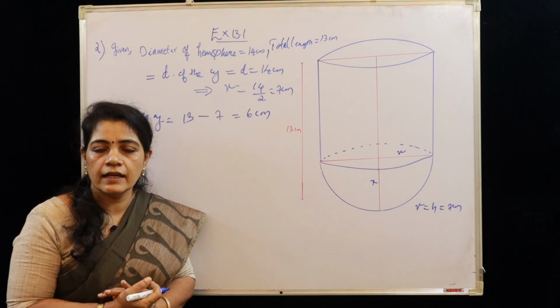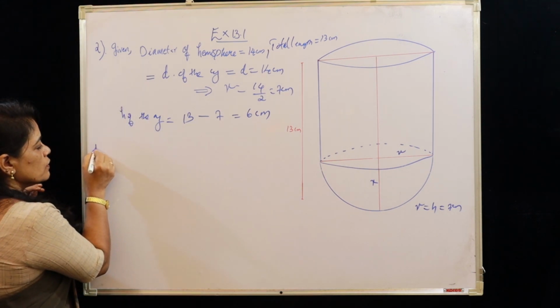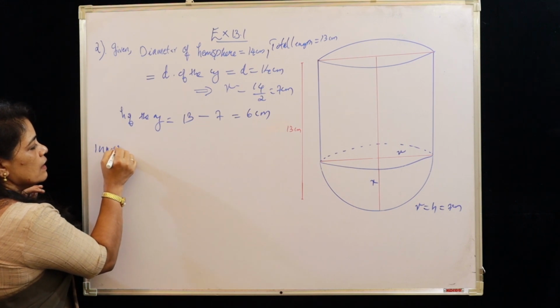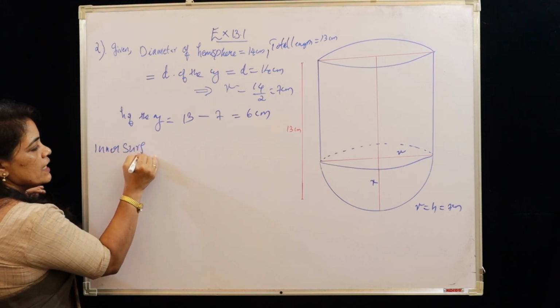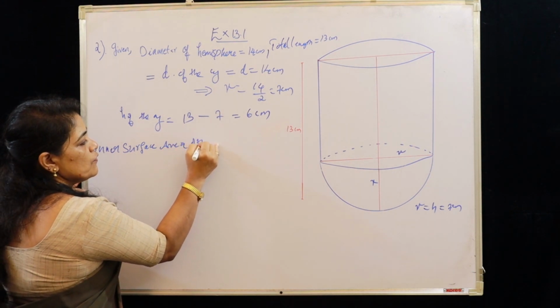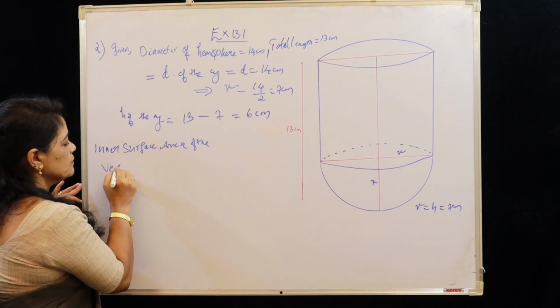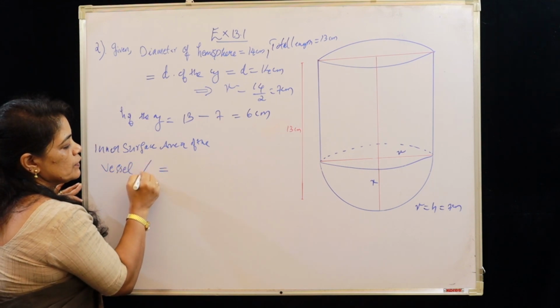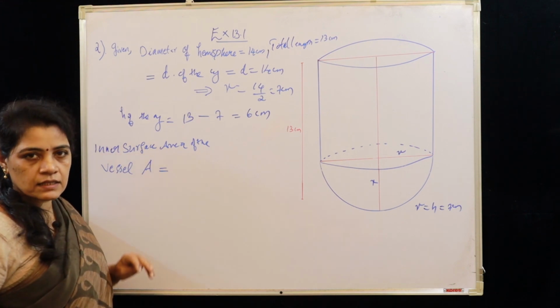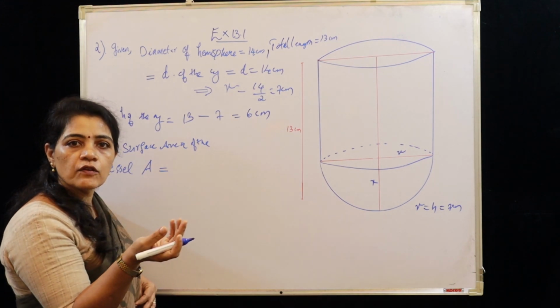So we can write down the formula, then substitute the values. The inner surface area of the vessel, you can represent with A, is equal to the CSA of the hemisphere. What is the CSA of the hemisphere?